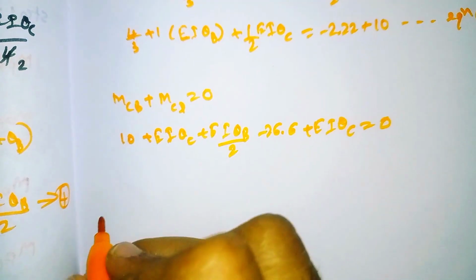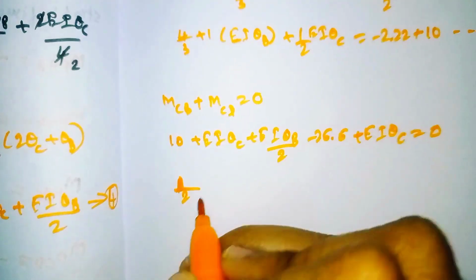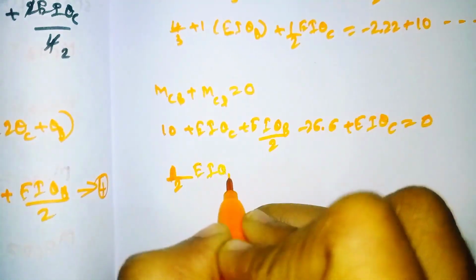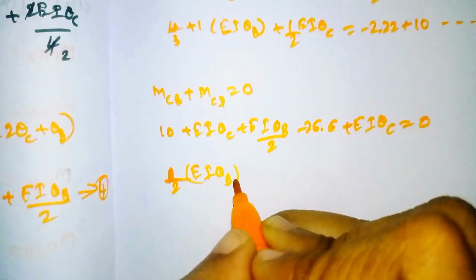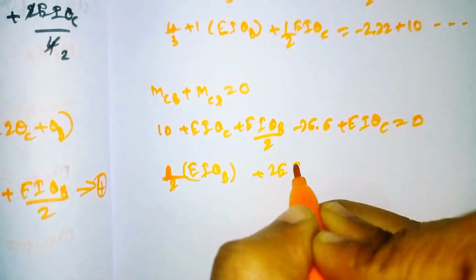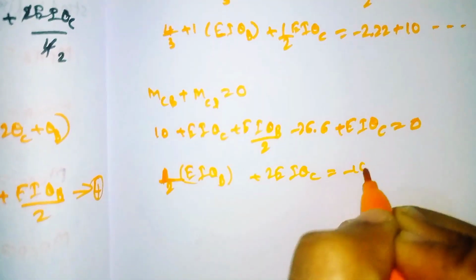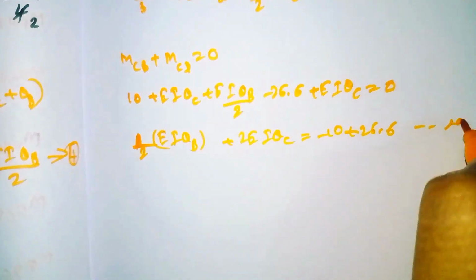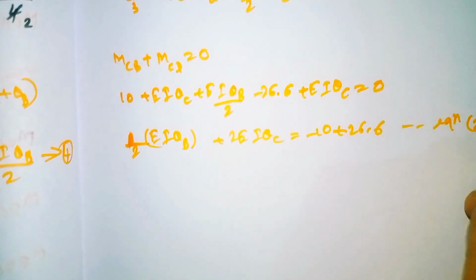Now simplify this, it comes out as 1 by 2 EI theta B plus 2 EI theta C is equal to minus 10 plus 26.6. Call it equation number 2.